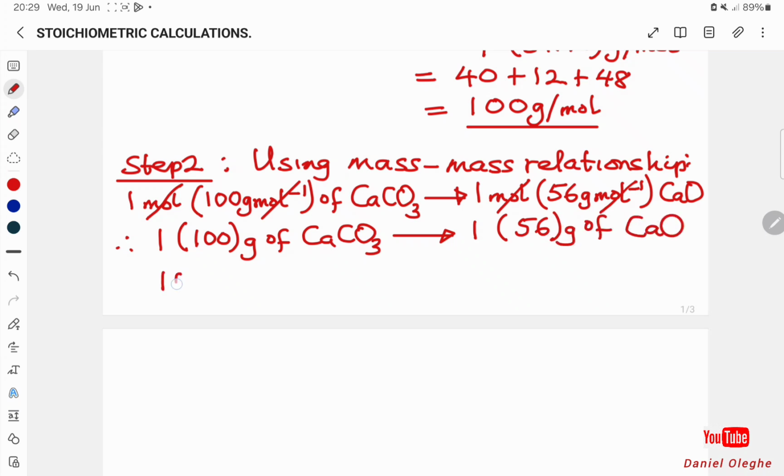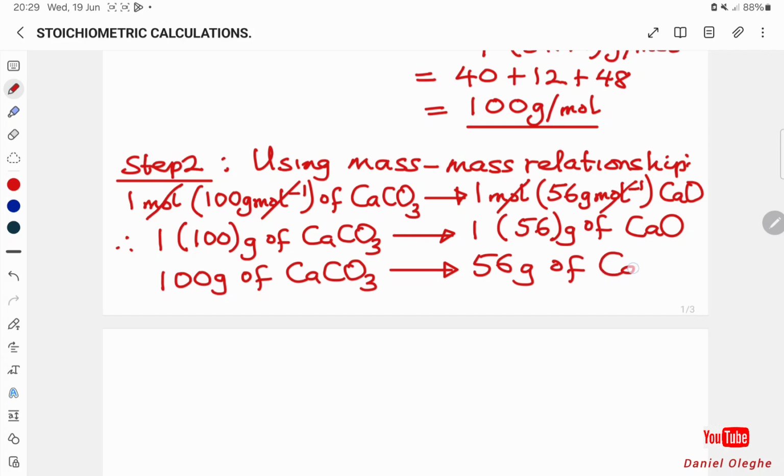So we have 100 gram of calcium carbonate producing 56 gram of calcium oxide. We have converted both of them now to their respective mass in gram.